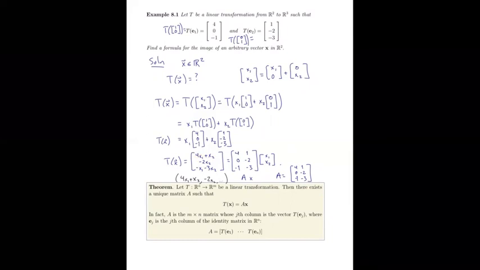But maybe more usefully, we can look at this and realize there's actually a matrix multiplication going on behind all of this. If we look down this column for the x1s, we realize we have (4, 0, -1). And we have a coefficient column of (1, -2, -3) for x2. And we can write that as the coefficients times the x vector.